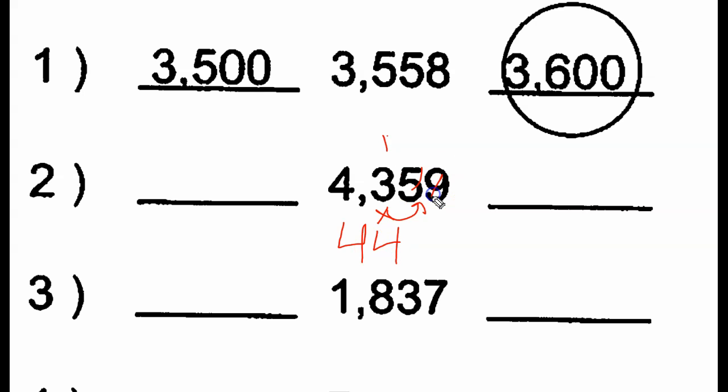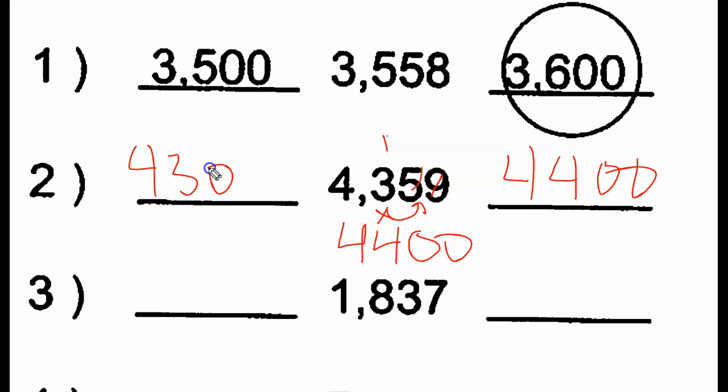And replace these 2 numbers with? 0. Okay. So did we round up or down? Up. So this one goes here. Okay. And then 4,300 goes here. And we rounded up. Okay. So that's what you do on page 7.